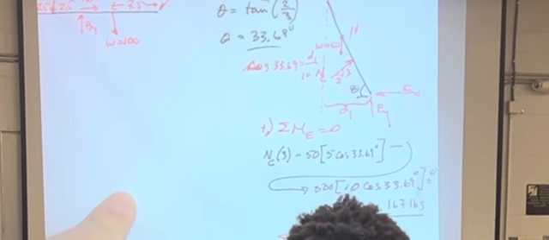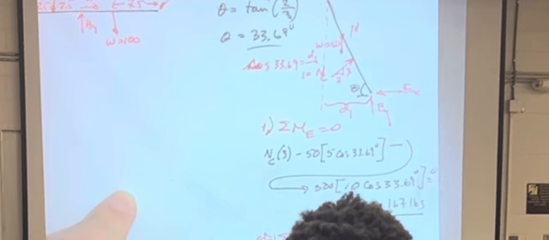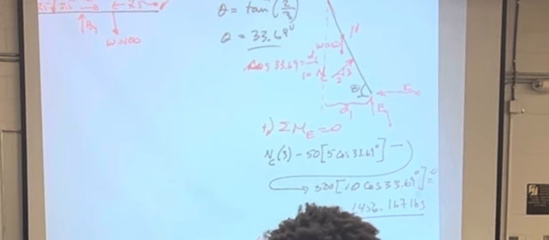Sum of forces in the x equals 0, positive this way. Ex minus 2 over 3.606 NC equals 0. So instead of finding the angle, I just used the slope. This would be cosine of theta. NC is this number, so EX comes out 806.72.